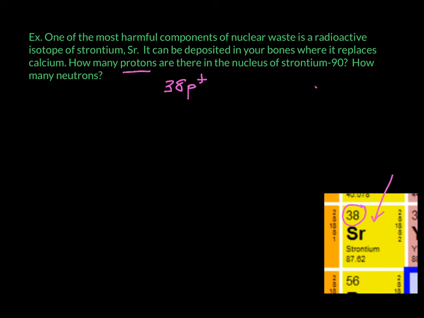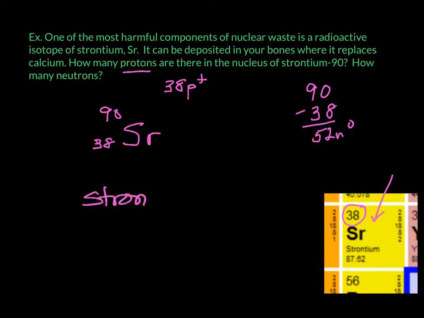Well, all we need to do is take 90 minus 38 and we get 52 neutrons. And if you wanted to write the symbol, it would be Sr, 90 over 38. And we would call it strontium-90.